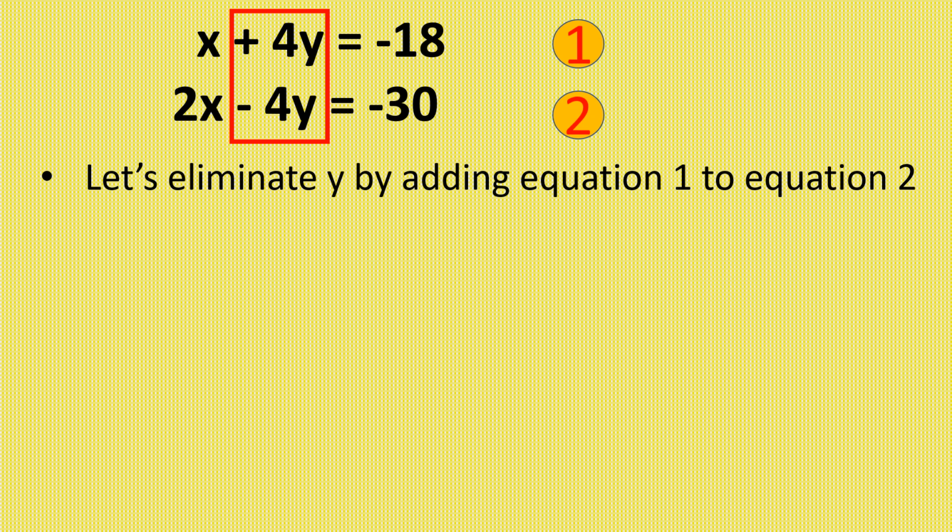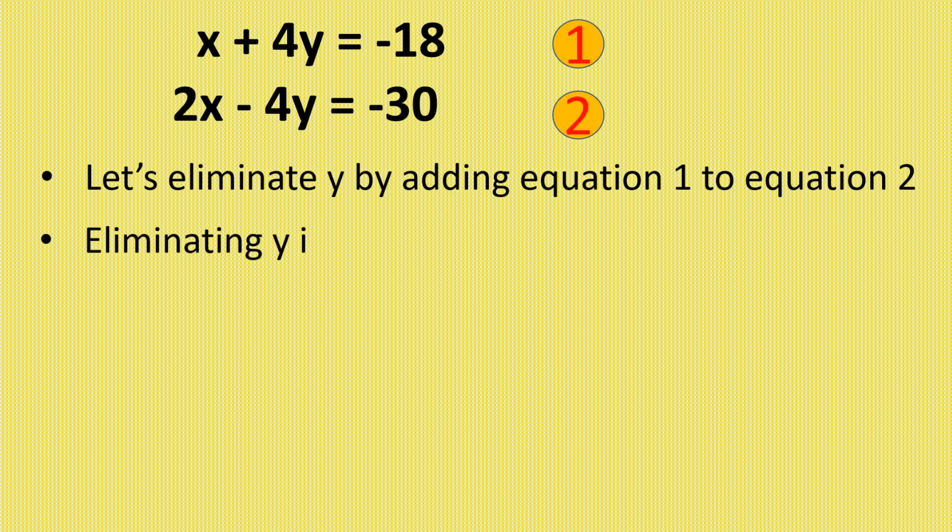That's the whole idea about elimination. Eliminating means getting that particular variable to 0. And when you eliminate a particular variable, it implies solving for the other variable. So eliminating y implies solving the equation for x.